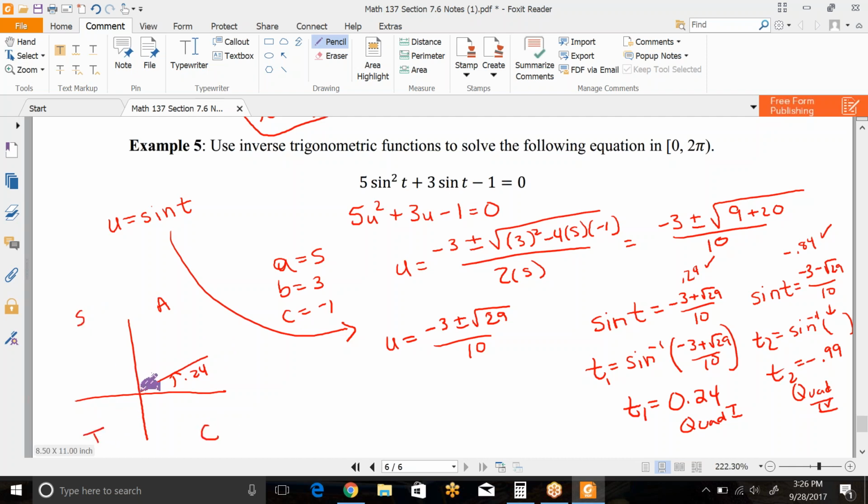The other place where sine has a positive ratio is over here. So this would also have a reference angle of 0.24. So when we want to find out what this one is, we do pi minus that one.